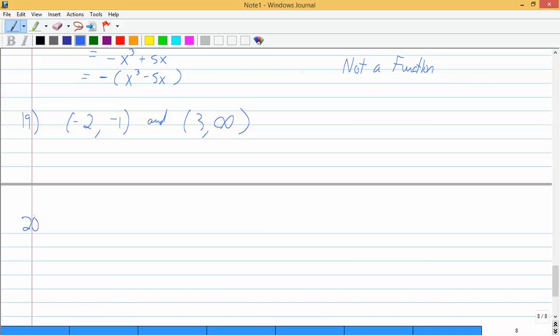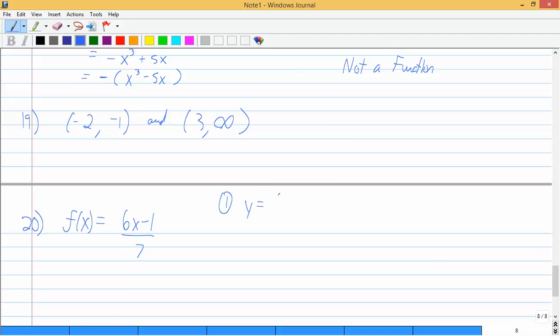Alright, number 20 says, find the inverse of the one-to-one function. F of x equals 6x minus 1 over 7. Alright. So, step 1 to find the inverse is to let y equal f of x.